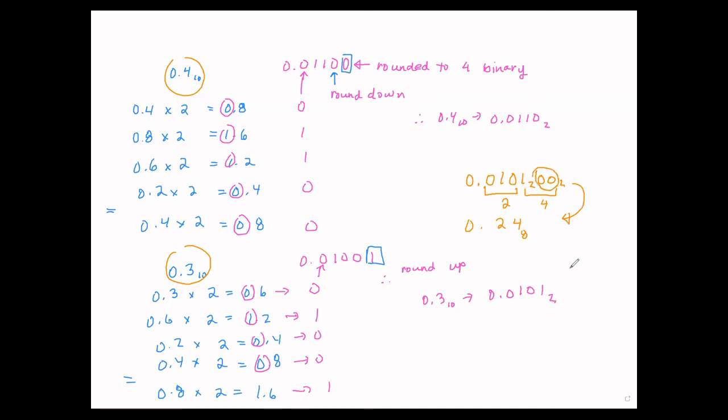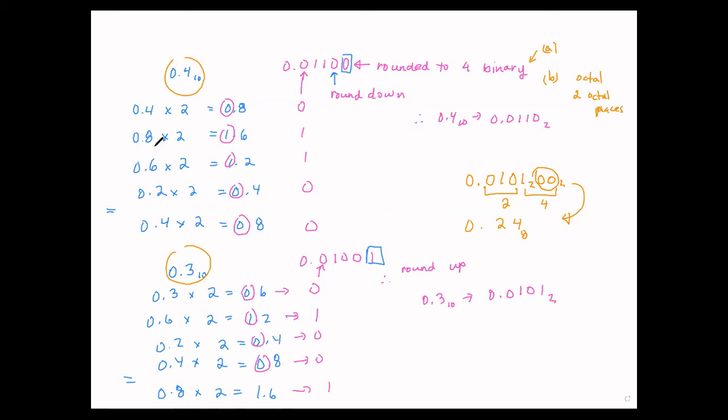But I made up those 2 zeros. I padded our number. We know what the number is supposed to be because we can start with 0.3 and make sure that we have enough digits in our binary answer. So even though part A said, I want you to round to 4 binary places, part B asked for an octal number that was 2 octal places.